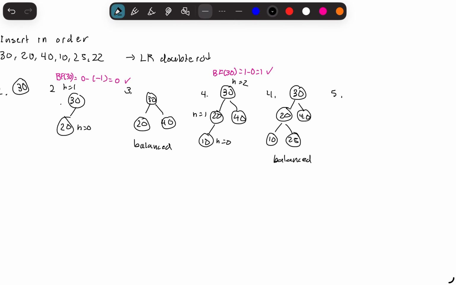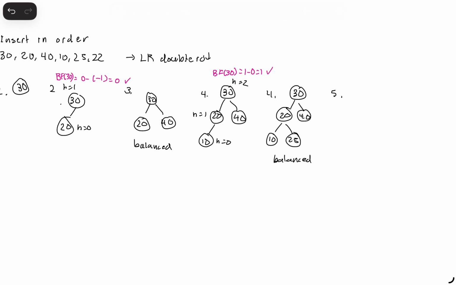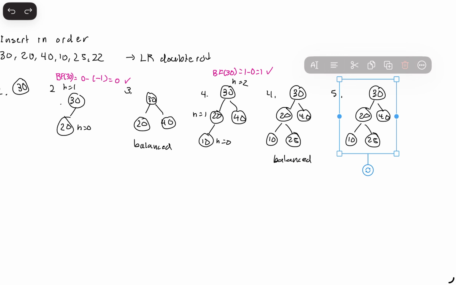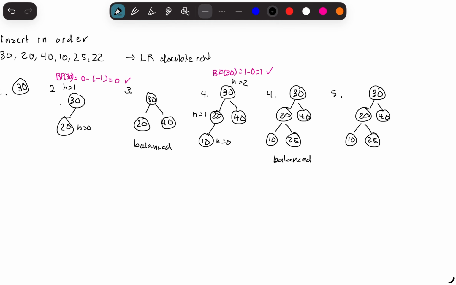Now, we've got to insert 22. So we're going to copy this over and insert 22. We can see that 22 is less than 30, so you're going to go left. And we can see that it's greater than 20, so you're going to go right, and then you're going to go left.